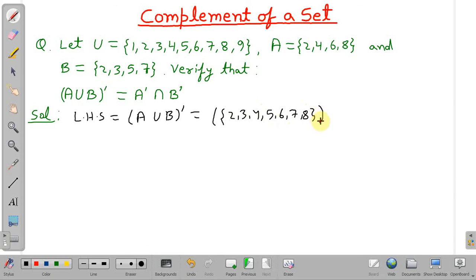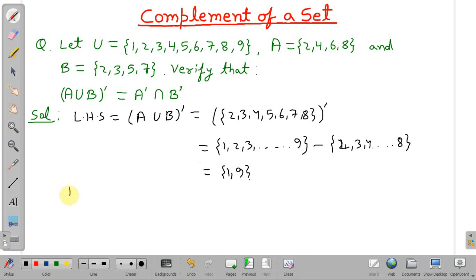And we have to find the complement of this, with respect to the universal set. And the universal set is 1, 2, up to 9. So this will be 1, 2, 3, and so on up to 9 minus 2, 3, 4, up to 8. So when we subtract this, we will get 1 and 9.